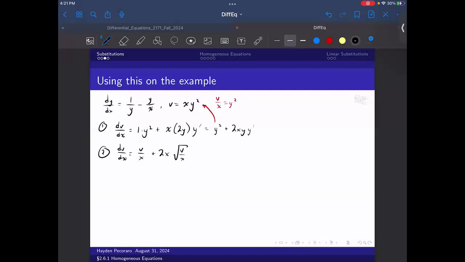And y prime, let's see, y prime is 1 over y minus y over x from the differential equation, right up there. And wait, we've got some y's in there now. Oh, maybe I jumped the gun on substituting for y there. Because what happens if I do this?